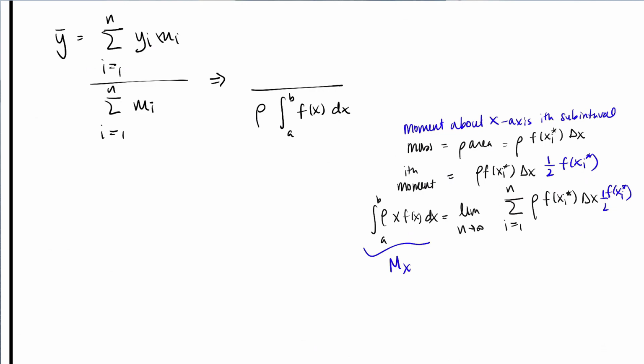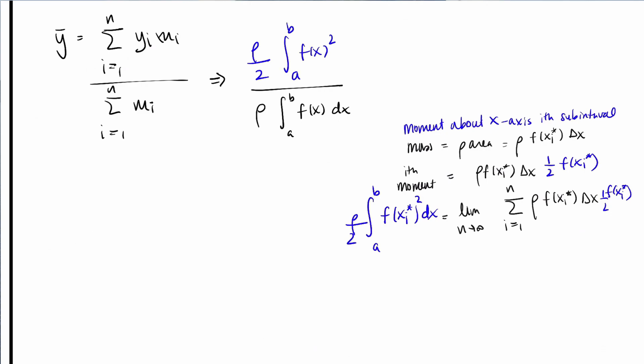Therefore, my x moment, when I turn it to the continuum, when I write it as an integral, is the integral from a to b of, well, I still have rho there, which I can take out because it's a constant, and I have 1/2 right here, which I can also take out because it is a constant. So rho divided by 2, and then I have f of xi star, I have two of them, and delta x becomes dx. So then here on top, I have again that this is rho divided by 2, the integral from a to b of f of x squared dx.